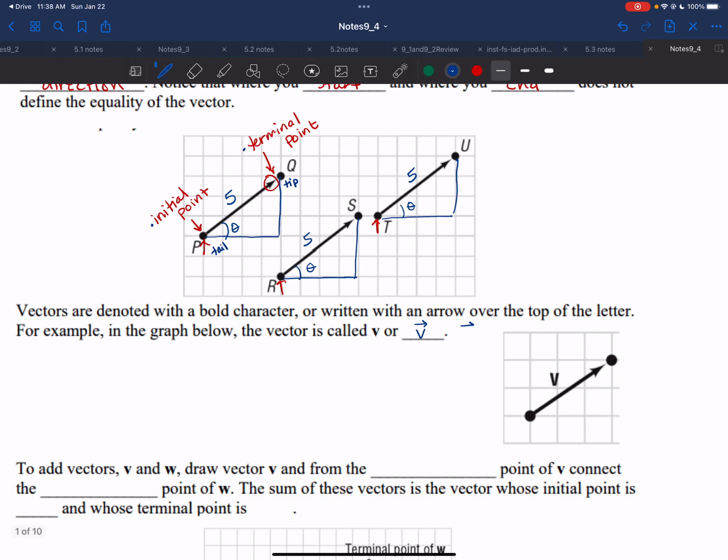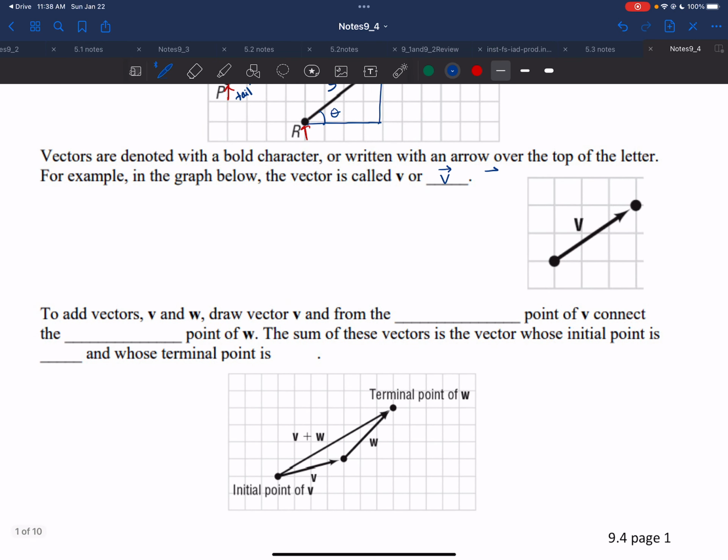All right. Okay, so to add vectors v and w, you draw vector v, and from the terminal point of v, you connect the initial point of w. The sum of these vectors is the vector whose initial point is v and whose terminal point is w.